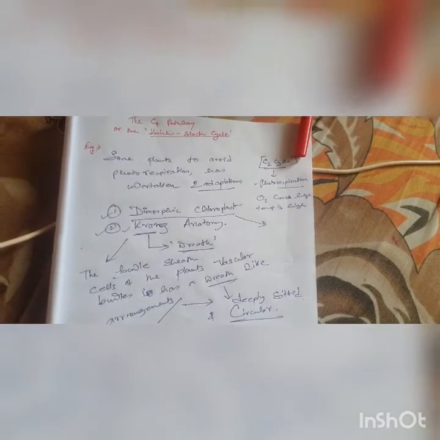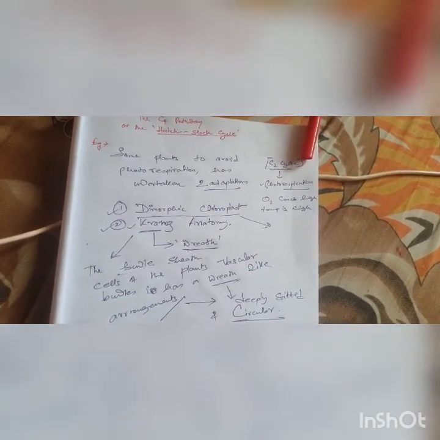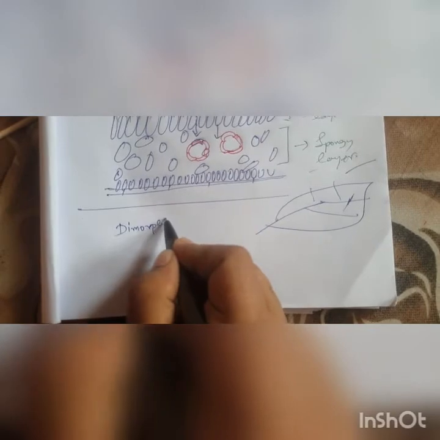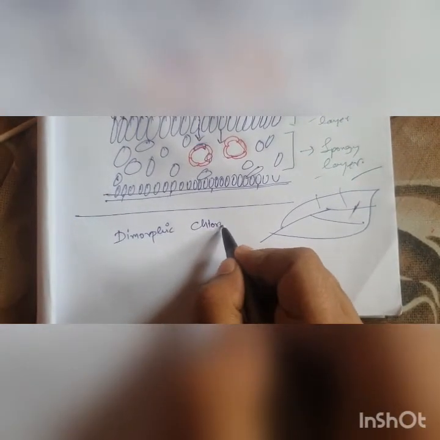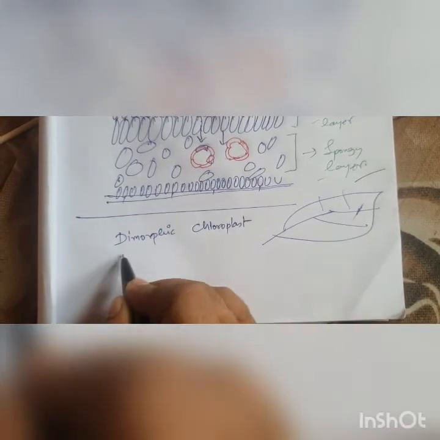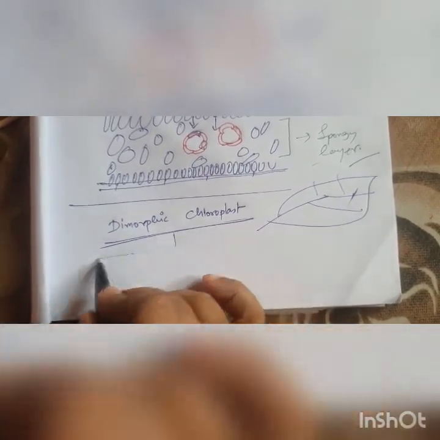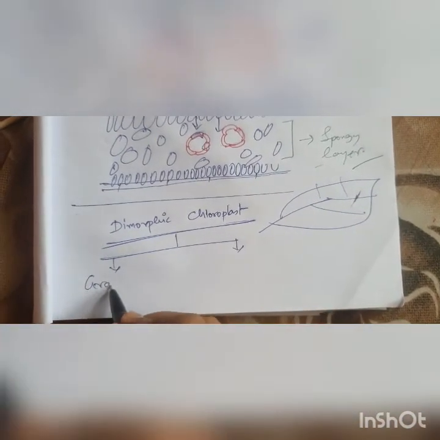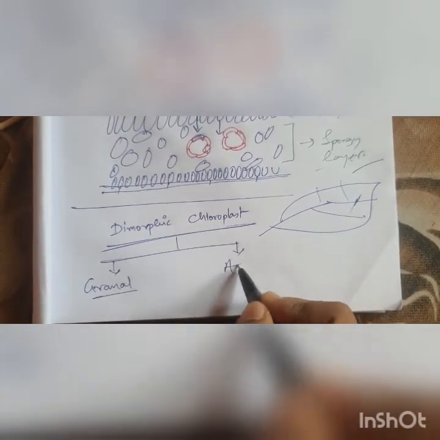Now the thing that we'll try to understand is the dimorphic chloroplast, which is granal and agranal.